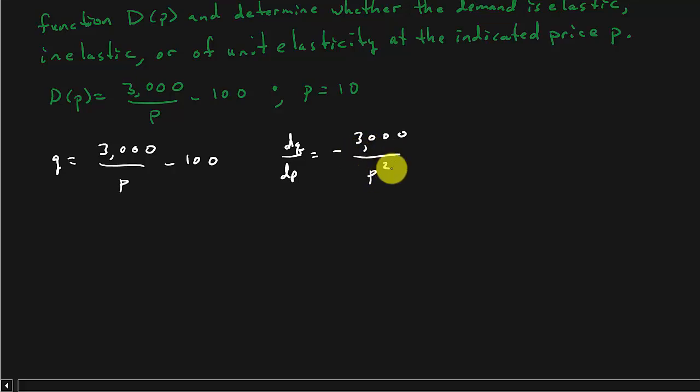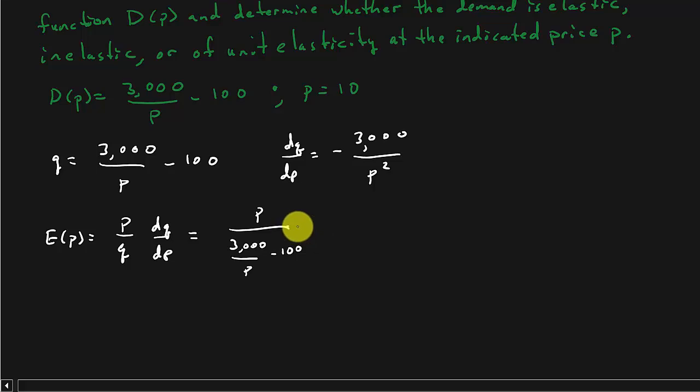Okay? And so I've got E of P is equal to P over Q times the derivative of Q with respect to P. So that's going to be P over Q, which is 3,000 over P minus 100, times the derivative, -3,000 over P squared. All right, so how do we simplify this?